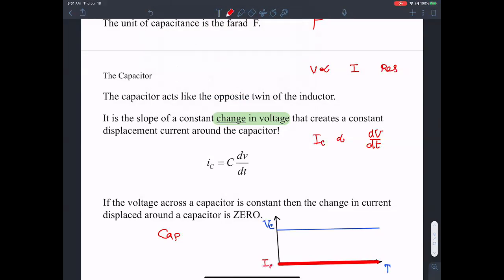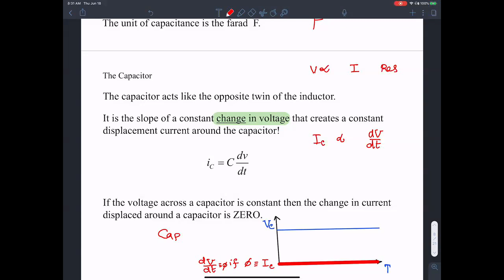So the principle is, the current in a capacitance is zero if the slope of the voltage is zero, or if a constant voltage is applied.